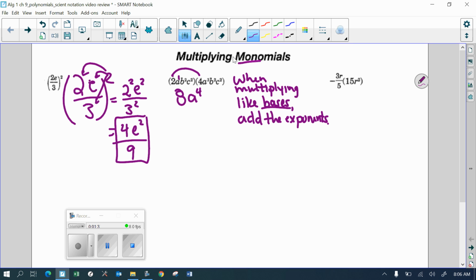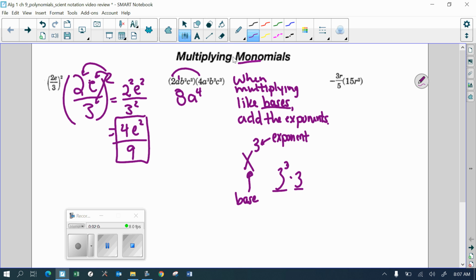Okay, so you gotta know what a base is. So if I have x cubed, x is the base, 3 is the exponent. So when it says 3 cubed times 3, those are like bases because both bases are 3.